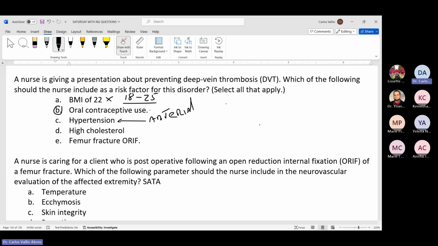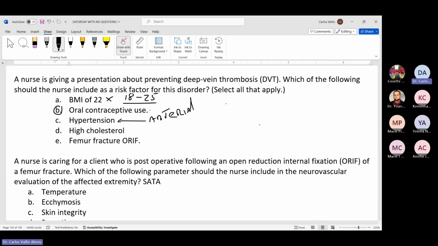Remember that it's called arterial hypertension, systemic arterial hypertension. And this is a disease that affects arteries, and arteries have nothing to do with vein thrombosis. An artery is an artery and a vein is a vein. So that's the way you remember that hypertension has nothing to do with DVT.